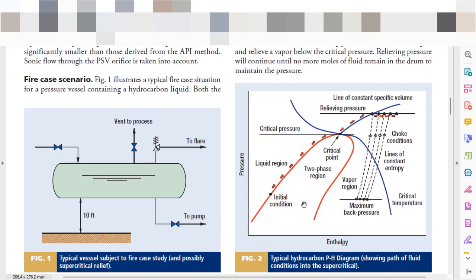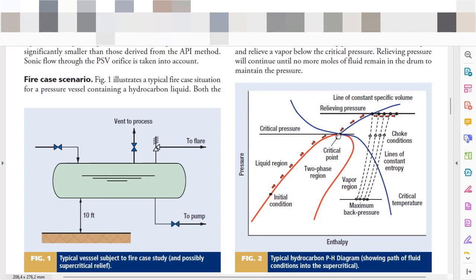So I have told you that in the initial condition, if you have liquid, it will be in equilibrium with the vapor phase, and as we add heat to the vessel, the fluid will increase its temperature and also its pressure until it reaches the critical point.